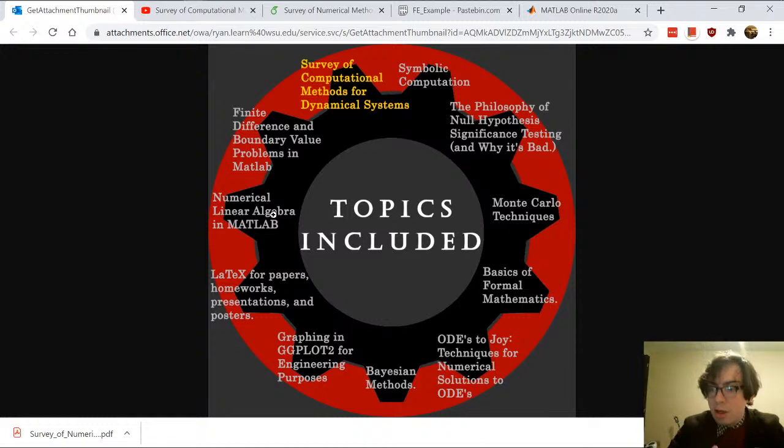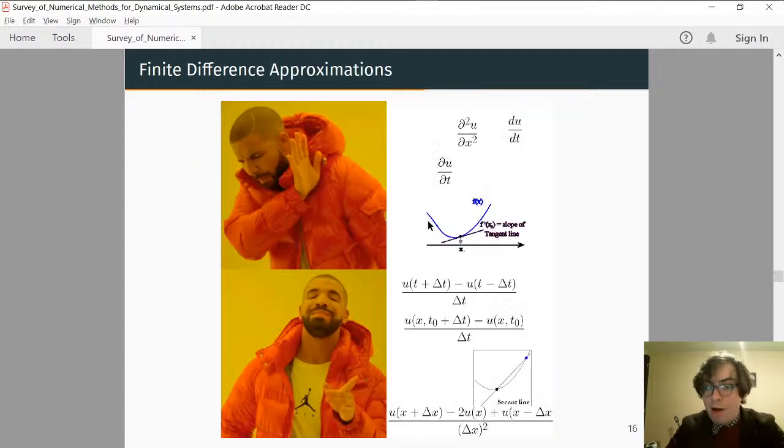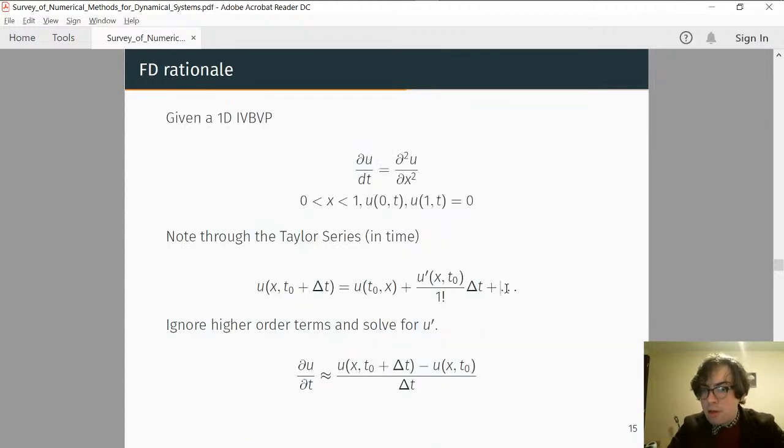Right, in fact, our errors, the things we've neglected, the Taylor series terms here, are a function of your step size. The larger the step you take, the larger the terms we've neglected, the larger your discretization error, which leads to higher inaccuracies.